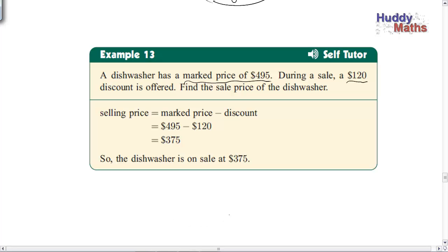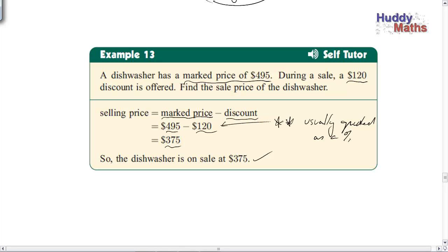Find the sale price of the dishwasher. No percentage in this one. So there's your marked price, and a discount of 120, which is $375. Now that discount is usually not quoted as a dollar value. It's usually quoted as a percentage off.